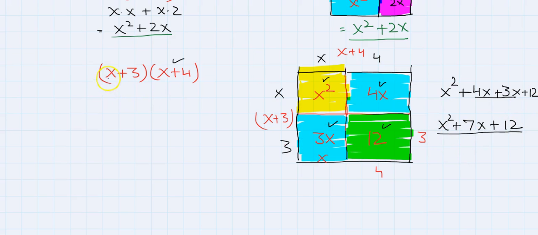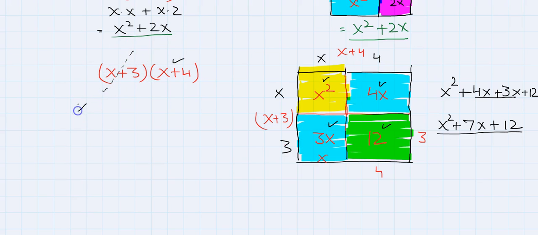So when you multiply x plus 3 and x plus 4, you are going to get this answer. Now let's multiply in a different way using a different method. This is just the proof of this. So how are you going to multiply it? We have x plus 3 multiplied by x plus 4. When you have two brackets, we break one bracket.